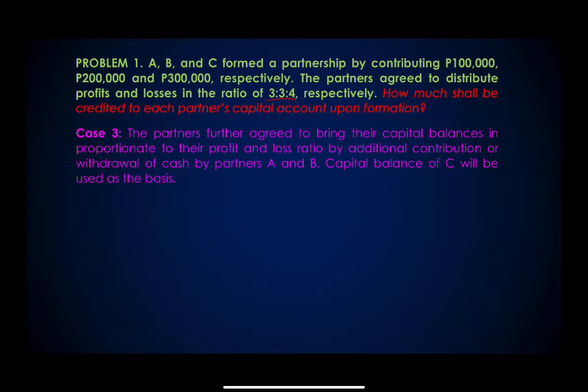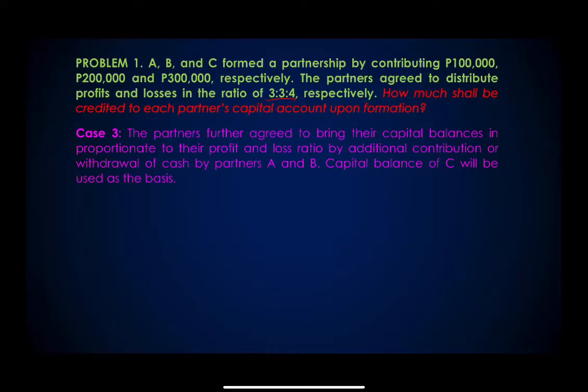So here, the partners wanted to bring their capital balances in conformity with their profit and loss ratio, but not by using bonus method, but rather some of them will either contribute or withdraw some amount of cash.